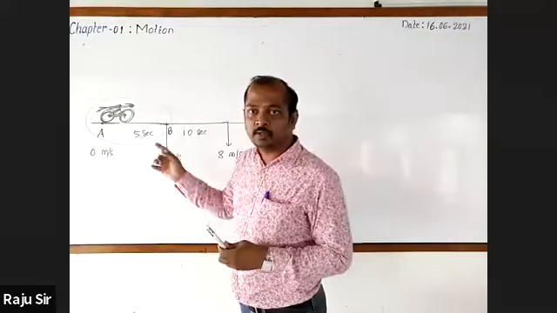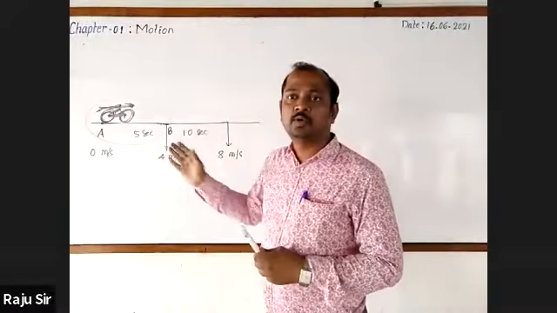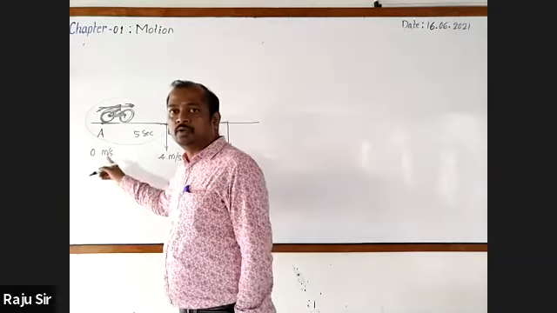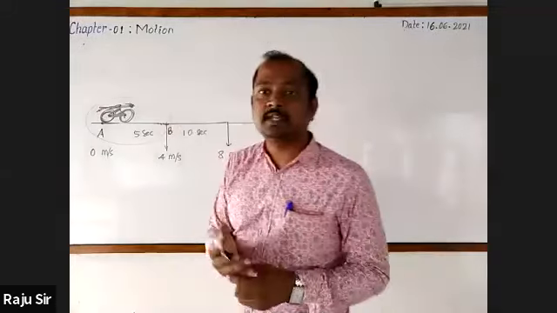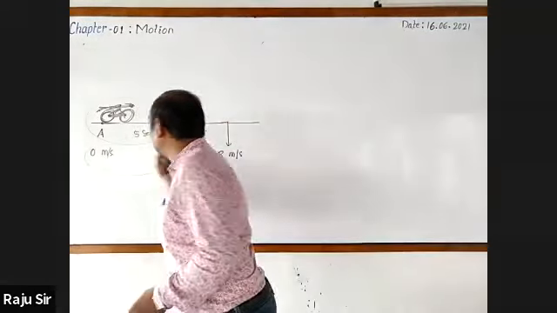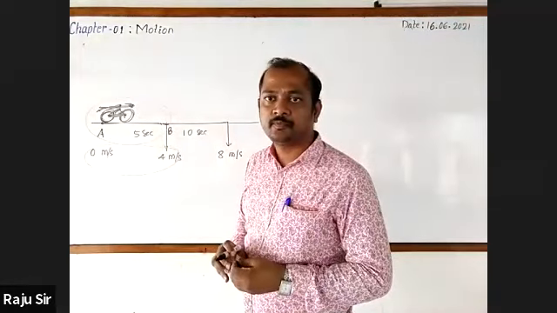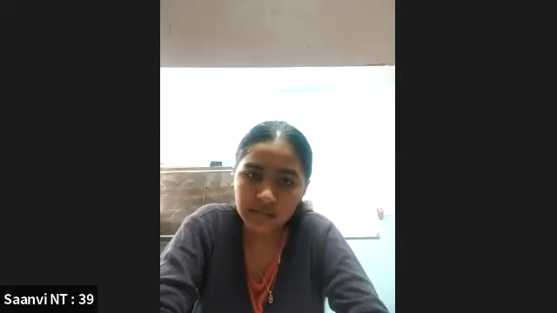So the speed has changed from 0 to 4 meter per second. Could you tell what is the change in speed when it travels from A to B? 4 meter per second.